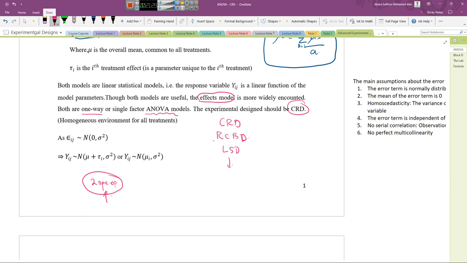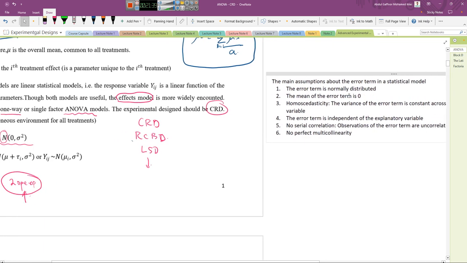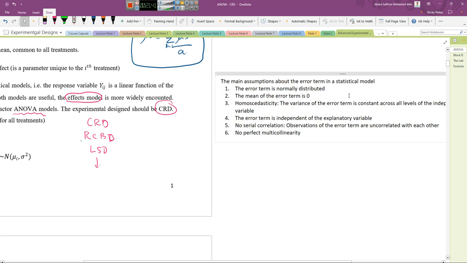Now, the major assumptions are about the error term, which is normally distributed. I have just inserted here the main assumptions of the error term in the statistical model. We have a lot of assumptions, but we will just consider these three. The error term is normally distributed.